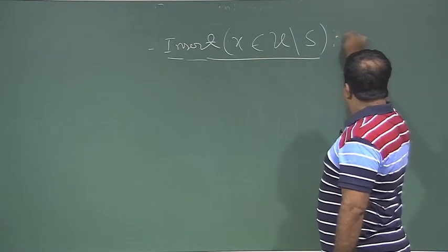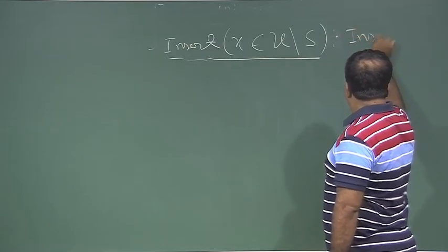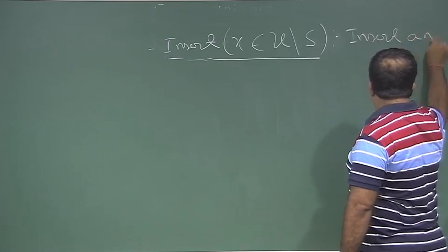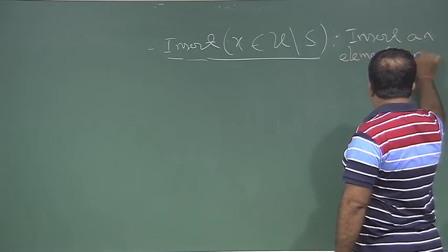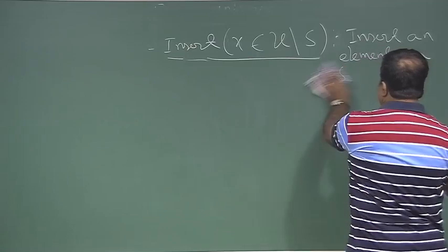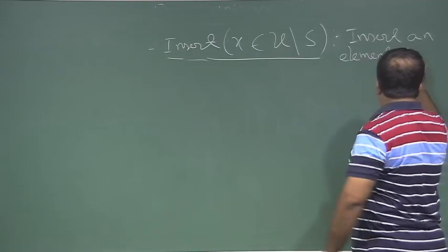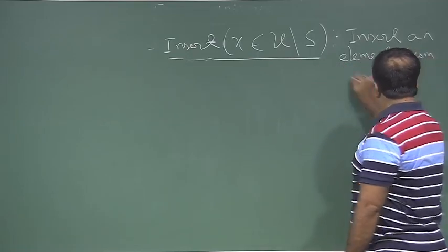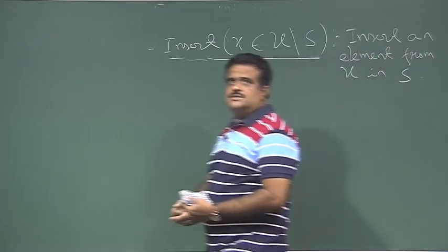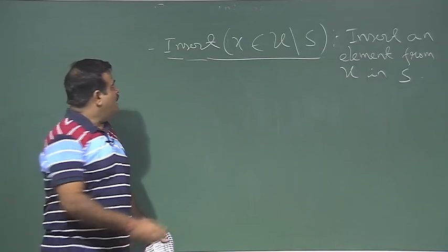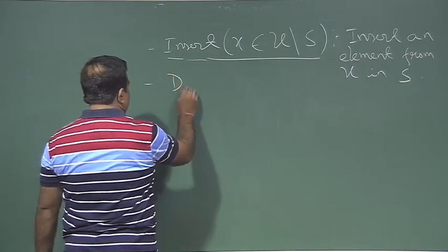So this is basically inserting an element from U in S. Okay, so this is the insert operation, and another dynamic operation is delete.